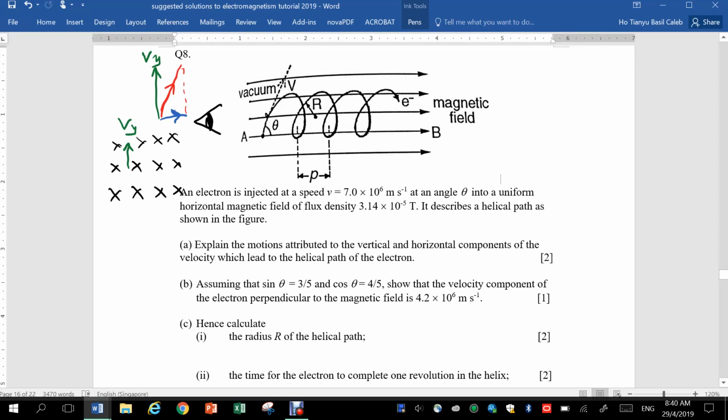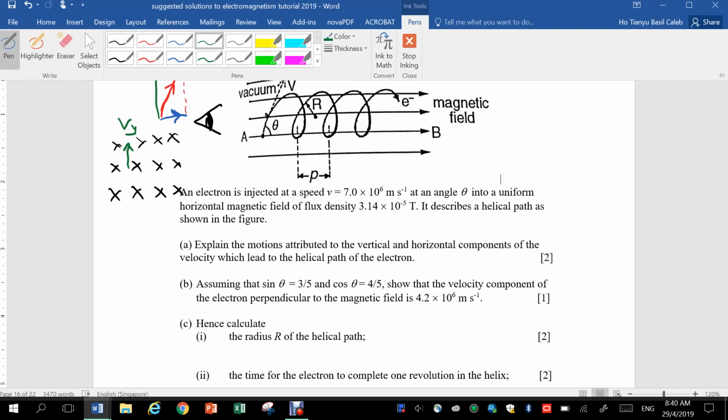So if we have a B field going into the page, the velocity of the electron being upwards, it's as if, using your left hand rule, there's a current downwards. A velocity up for an electron means that there is a conventional current downwards. Using your left hand rule, the field is into the page, the current points downwards, your thumb points to the right.